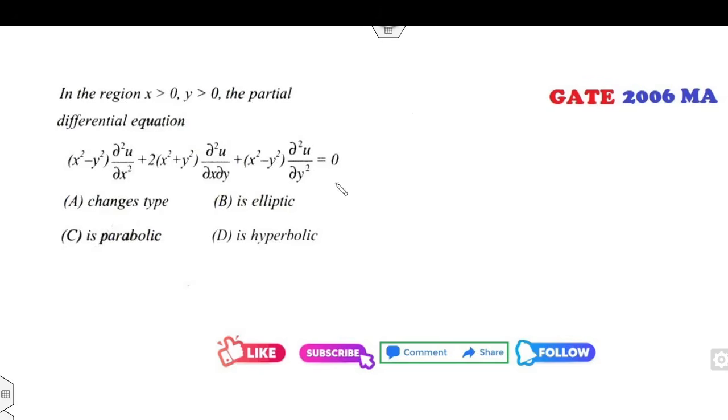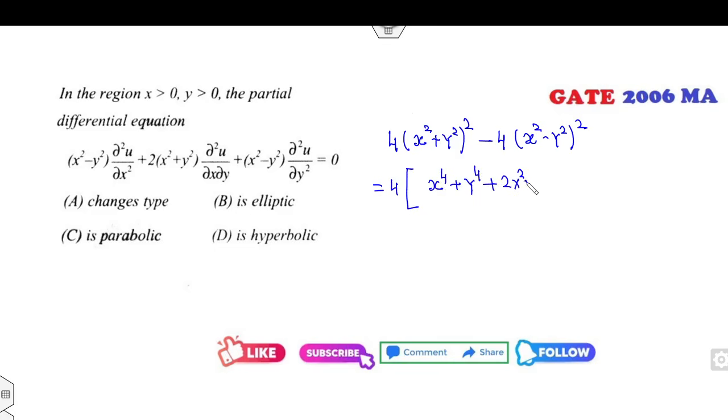Which of the following statements is true? Again, we can start with b square minus 4ac. This is my b square minus 4ac. I can take 4 as common. Then I can open this: y to the 4 plus twice x square y square minus x to the 4 minus y to the 4 plus 2x square y square.